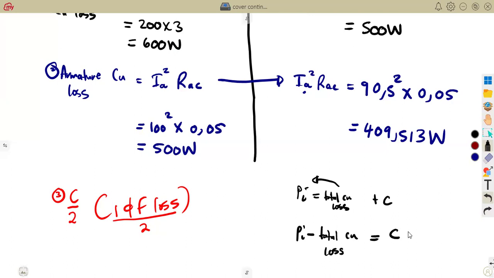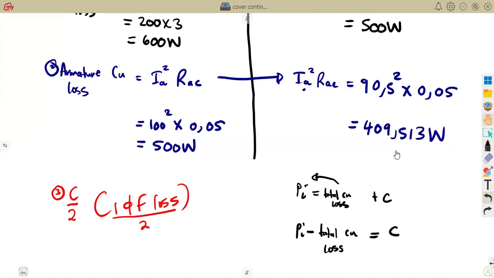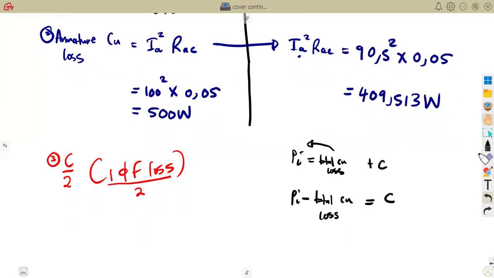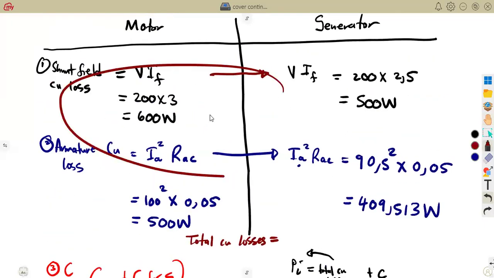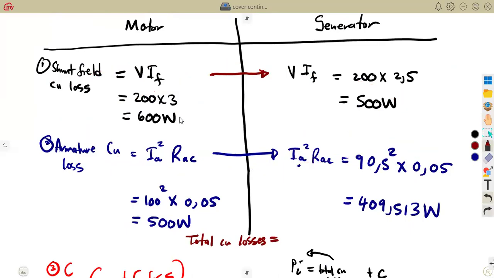That will give us C, which is our iron, friction, and windage losses. As we can see, guys, on our formula, total copper losses is needed. So we need the total of these losses that we just calculated. The total copper losses, you add everything for both machines that you're calculating here on top. These are our copper losses, remember. So you add everything.